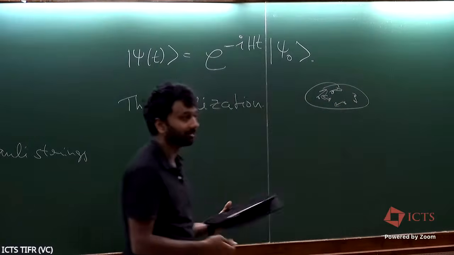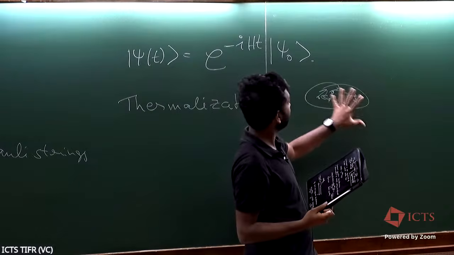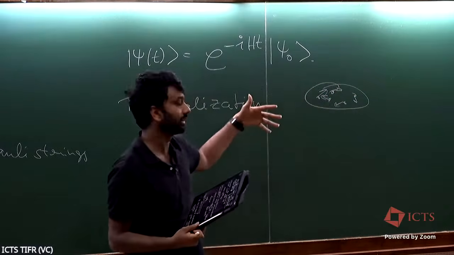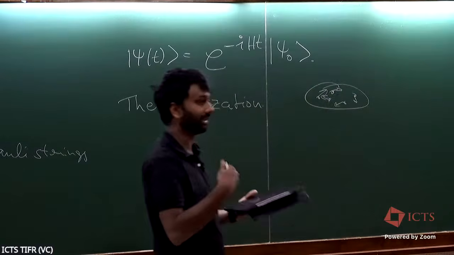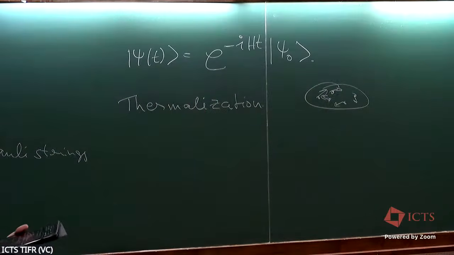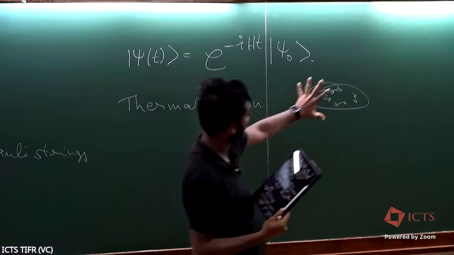The system thermalizes in the sense that in the end, after a long time, all of these balls are arranged in a sufficiently random pattern. So there is no obvious pattern in their dynamics.